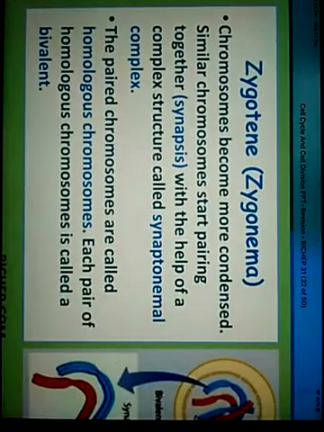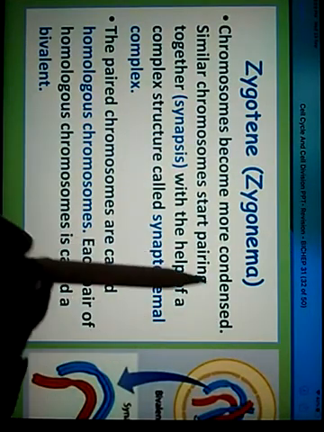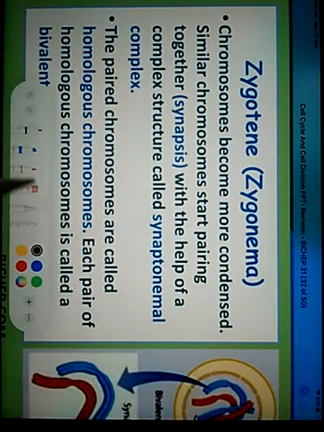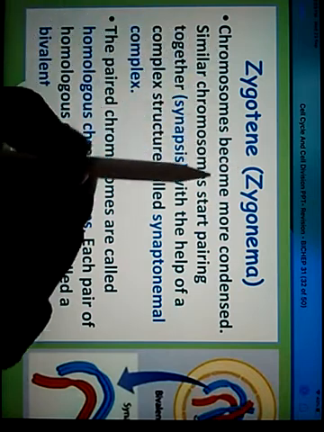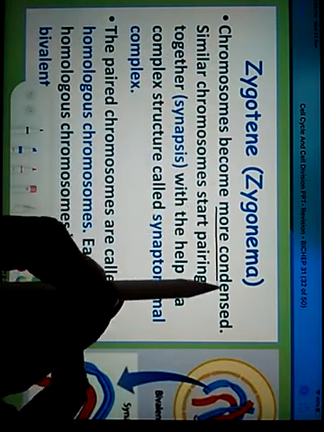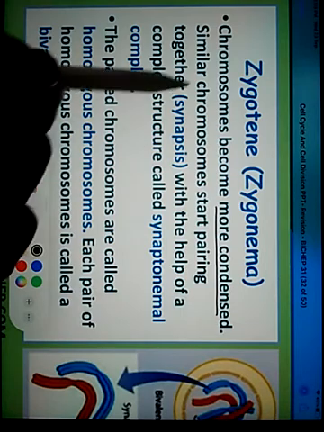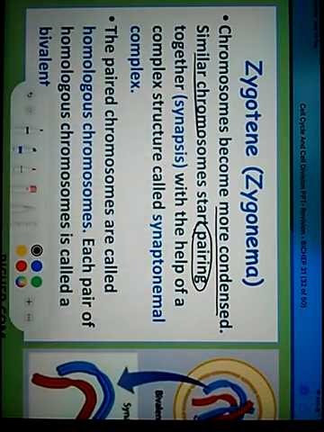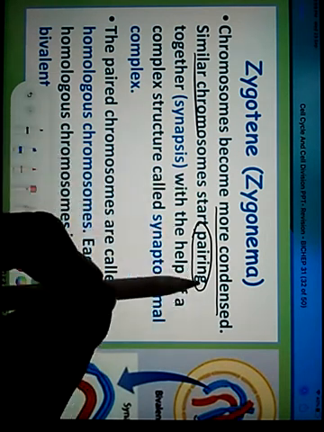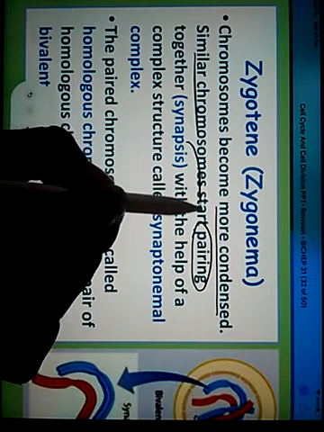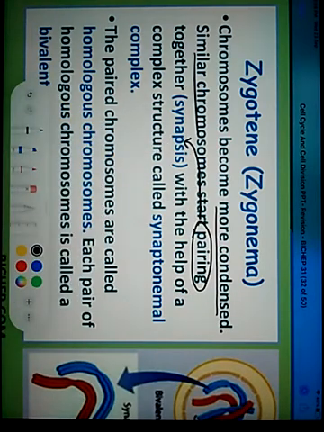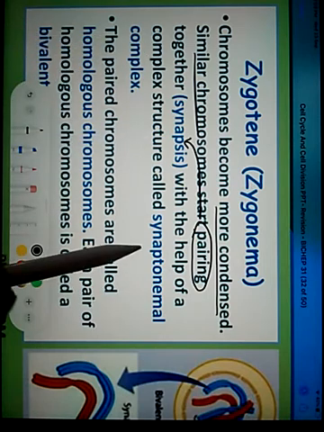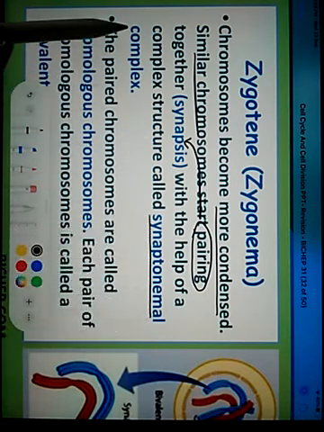If you see the detail of the zygotene, chromosomes become more condensed and similar chromosomes start pairing together, and that pairing is termed synapsis, with the help of a complex structure called the synaptonemal complex.